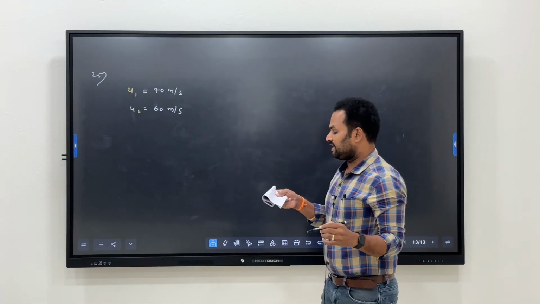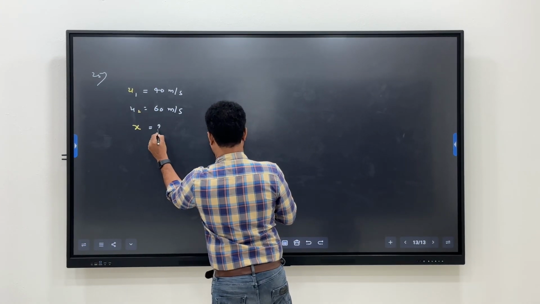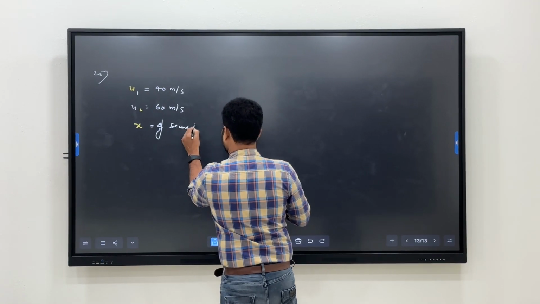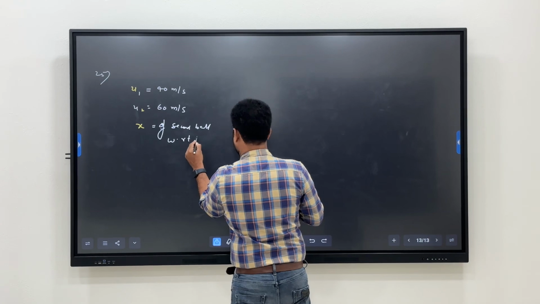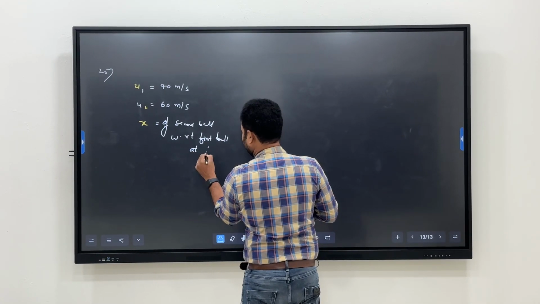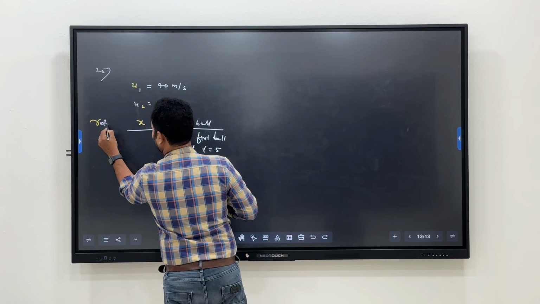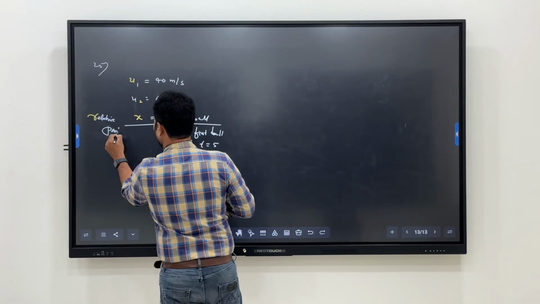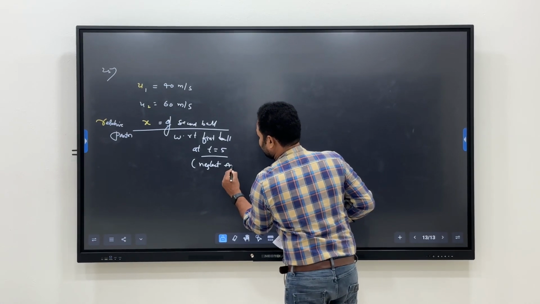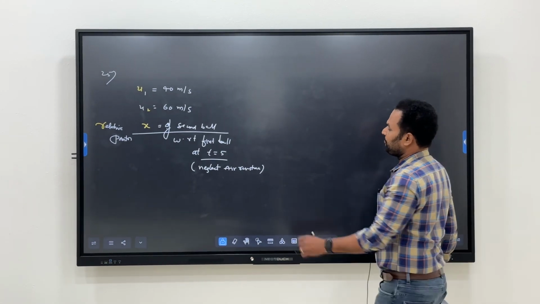We need the relative position x of the second ball with respect to the first ball at t is equal to 5 seconds. Neglect air resistance, so we have to calculate the relative position.